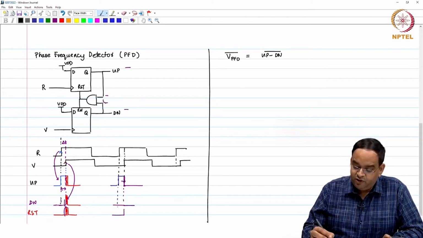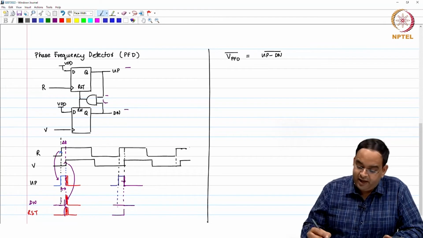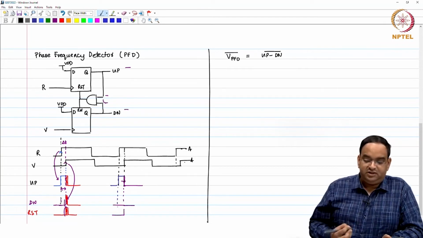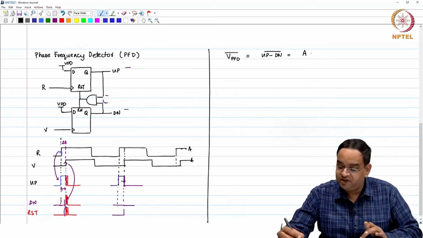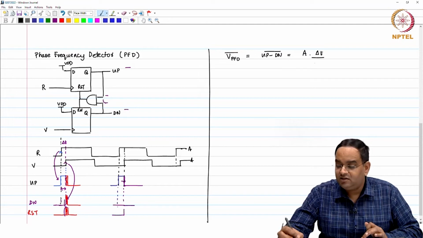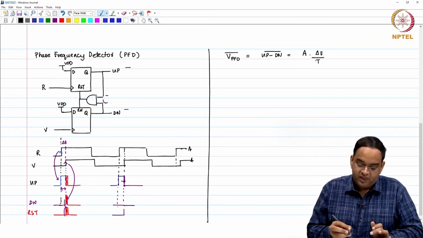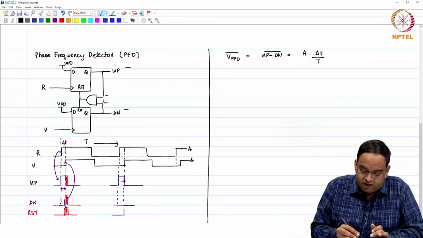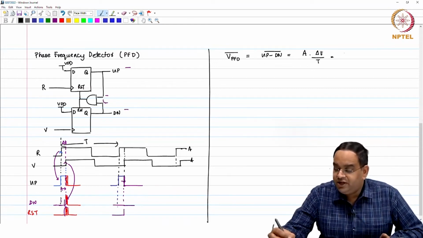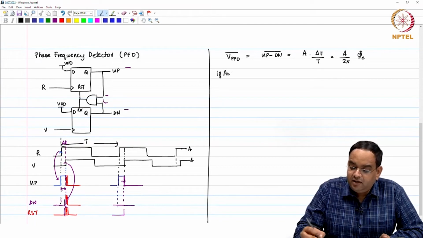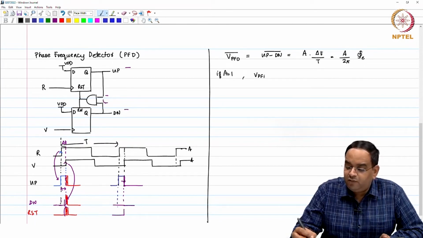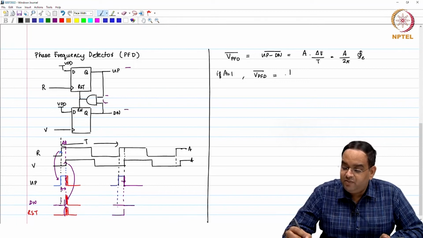If the amplitude which I am using for my voltage happens to be A, then it is going to be A into delta t, since up is high only for delta t time, divided by T, the time period of the reference clock, which is equal to A by 2 pi into the phase error. If A happens to be 1, then you can say V PFD output average is 1 by 2 pi times the phase error.